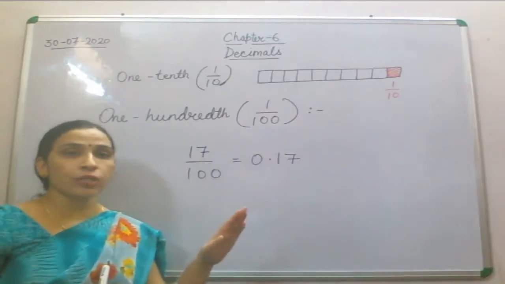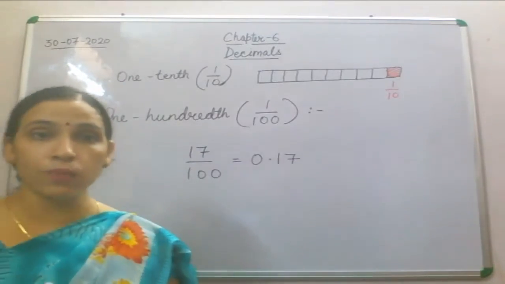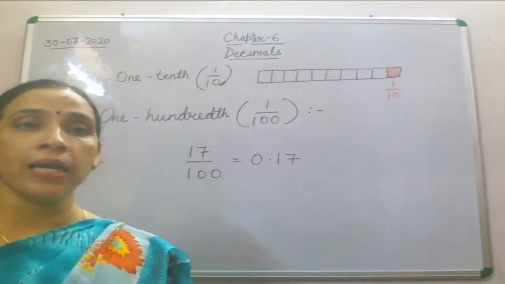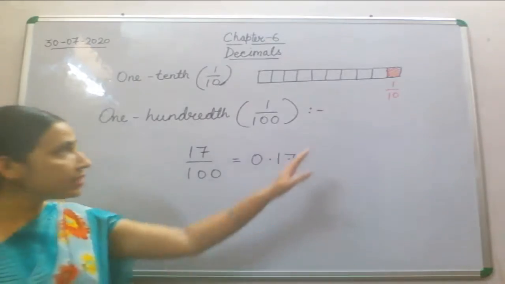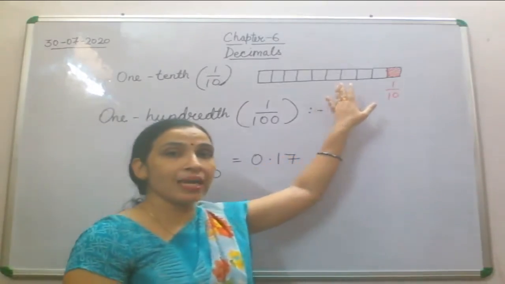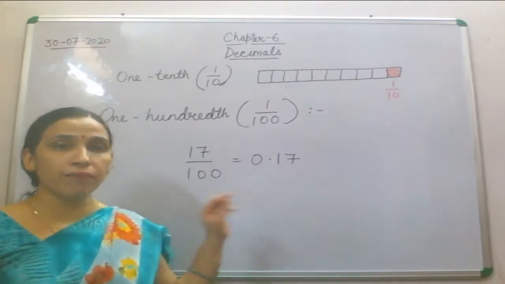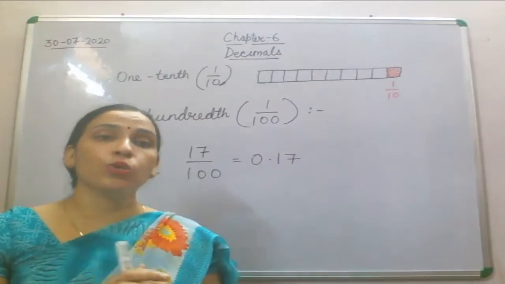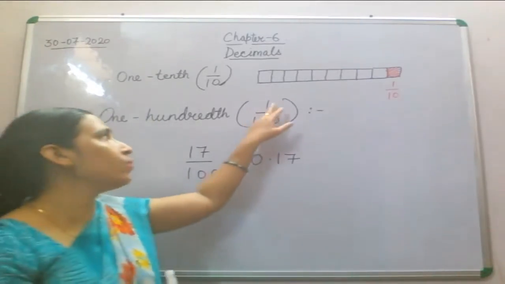So that is what 1/100th is. Now we'll understand what 1/100th is. If you have 100 equal portions, like in this example you can see that you have 10 equal portions, then in 1/100th, out of that 100 equal portions, you are going to shade one.